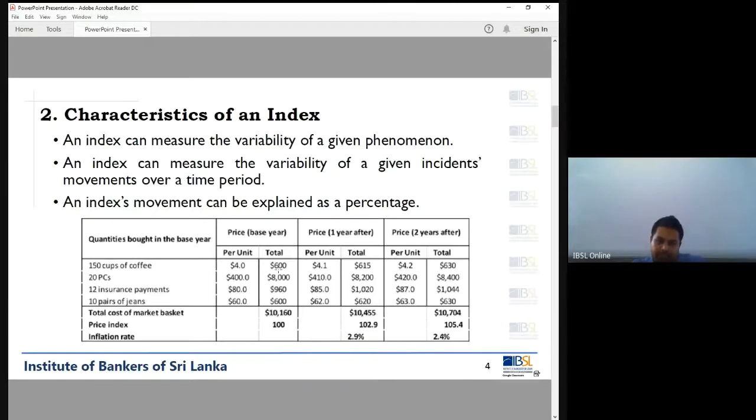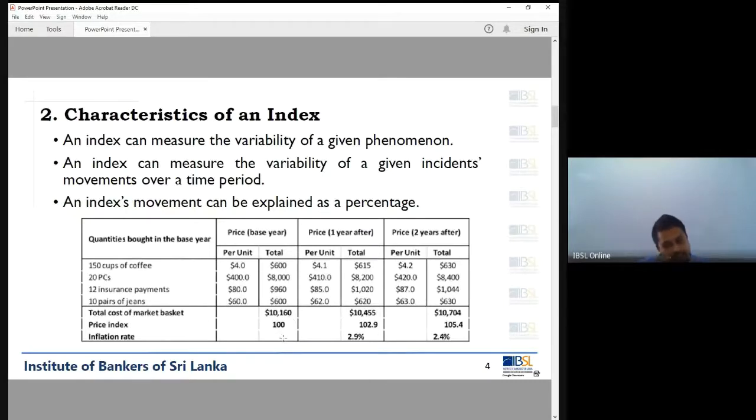So the 600 is nothing but 150 into 4. 400 into 20 is 8,000. 80 into 12, 960, and so on and so forth. Then we have to take the total value under this particular basket of 4 items. So for the base year, for the starting point, we get this as 10,160.